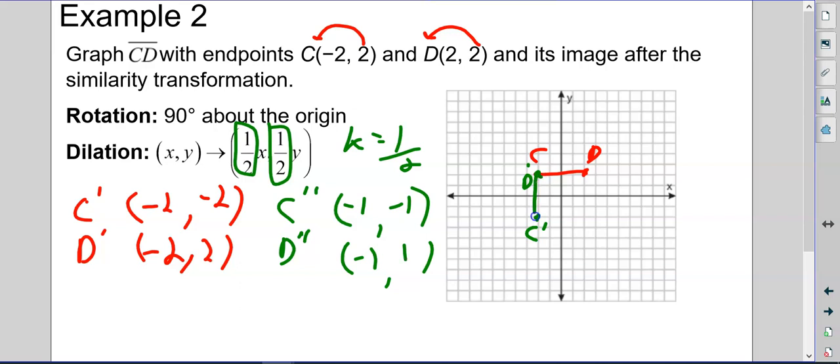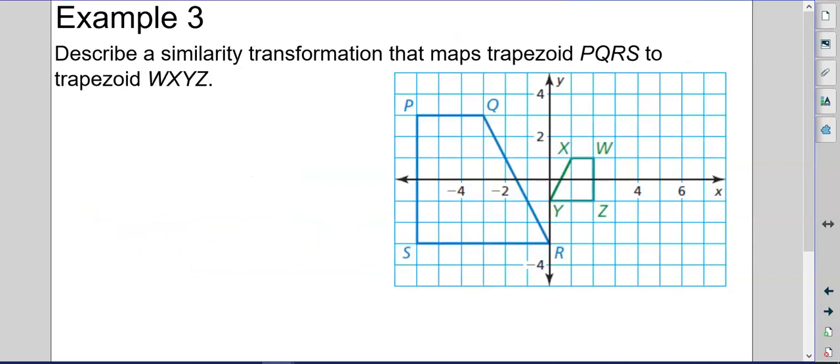So here's that. And now I'm going to change colors. Negative 1, negative 1 is right here, and negative 1, positive 1 is right here. This is my C double prime, and this is my D double prime. Right there. All right, here we go.